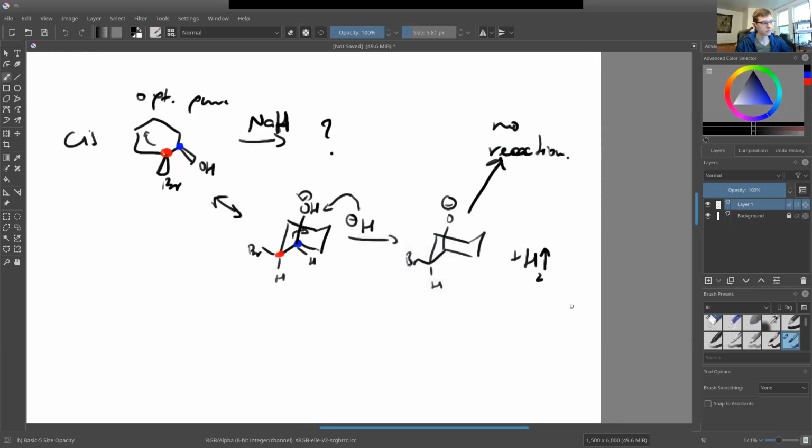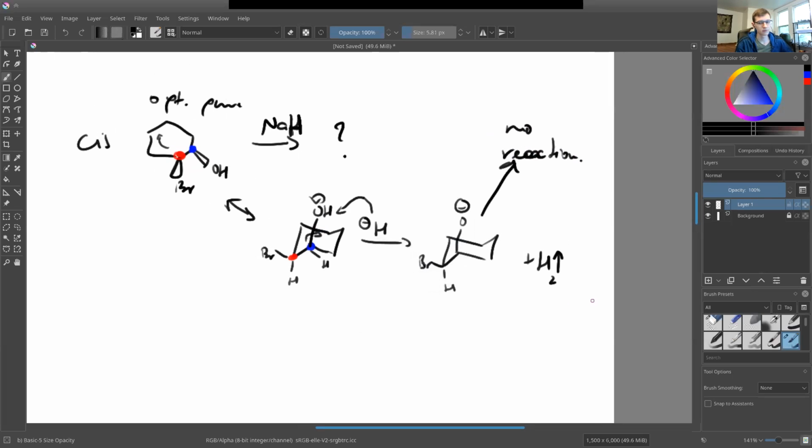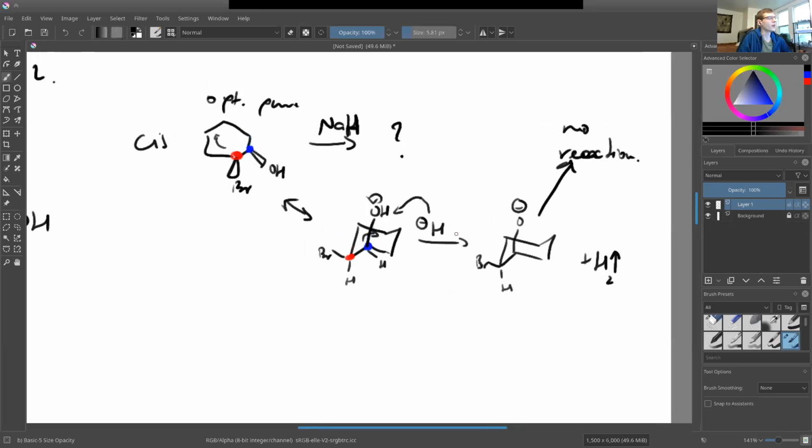I was going to say, could you do an intramolecular SN2 where the bromine is a leaving group and then you attack with, but the reaction conditions are not right, like the solvent and stuff. Okay, I didn't specify solvent.